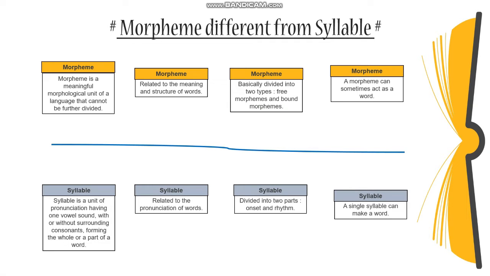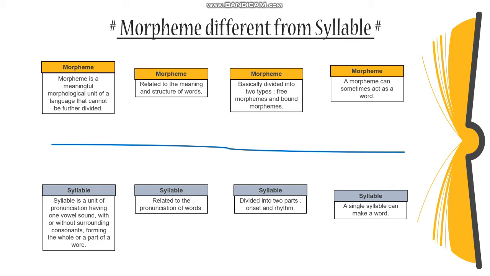A morpheme is a meaningful morphological unit of a language that cannot be further divided. A syllable is a unit of pronunciation having one vowel sound, with or without surrounding consonants, forming the whole or a part of a word. Morpheme is related to the meaning and structure of words.